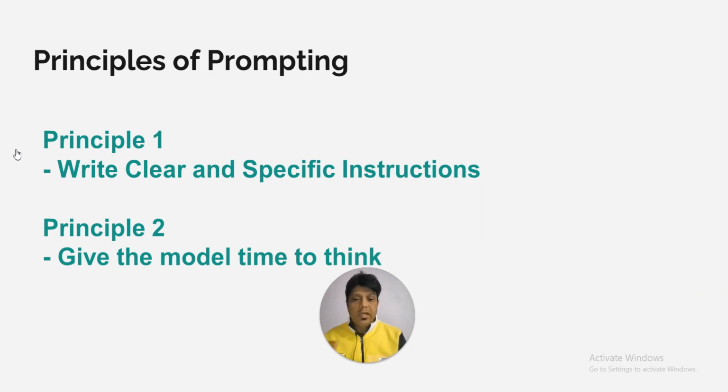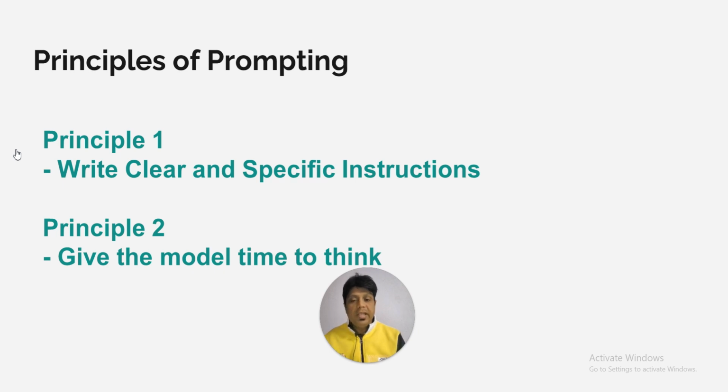So in this video, we learned about in-context learning, chain of thought prompting, and tonality. The basic principles of prompting are, one, that we need to write clear and specific instructions. We learned this in the last video as well. And principle two is to give the model time to think.